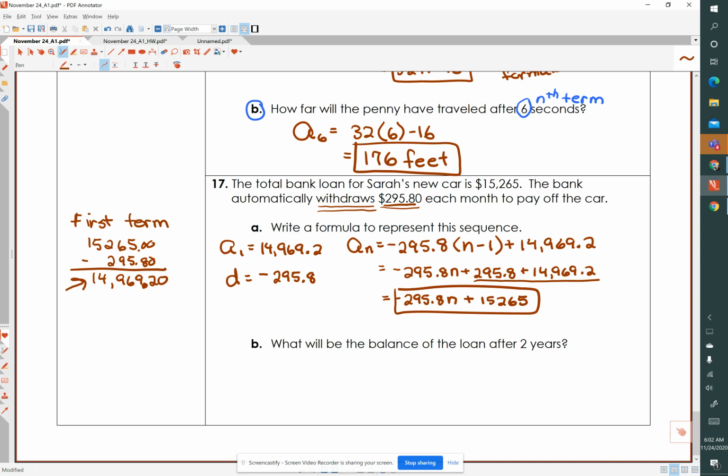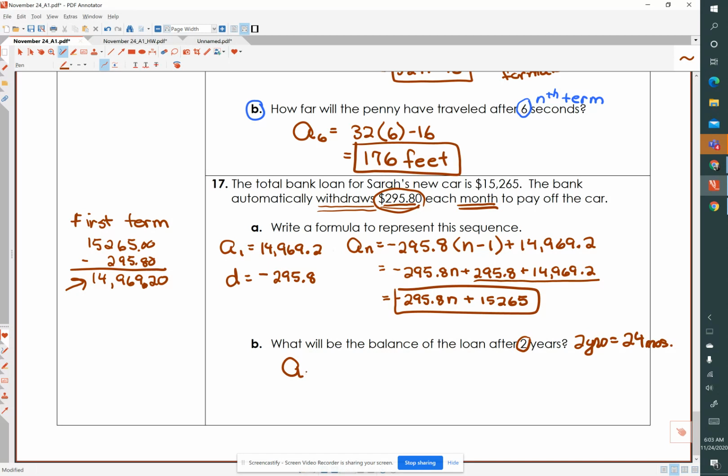Now, we want to find the balance after 2 years. This amount was given to us in months. So we need to convert the 2 years to months, which is 24 months. That's very important or you won't get the right answer.